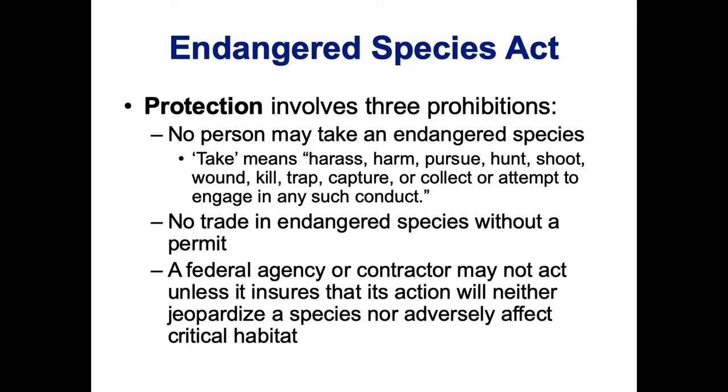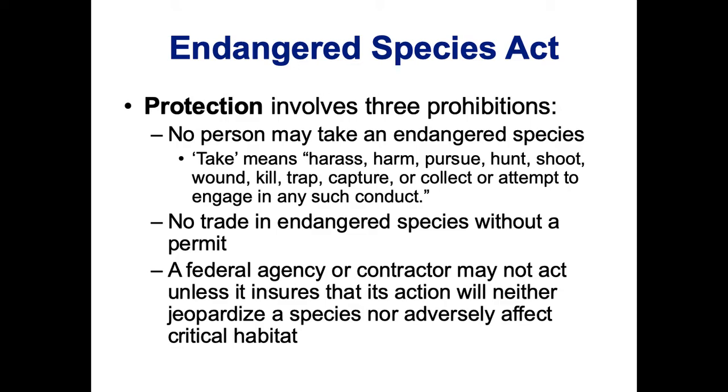So the third process of the Endangered Species Act is protection, and it involves 3 prohibitions. 1, no person may take an endangered species, and take is defined interestingly, differently than you would probably expect.